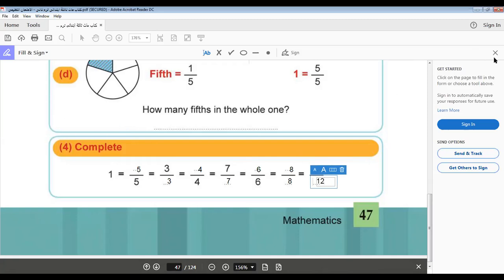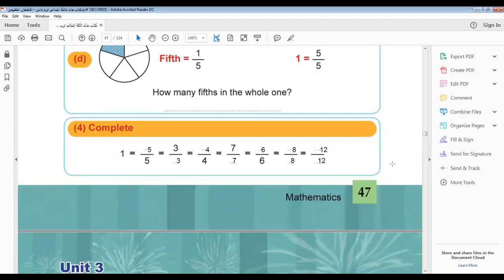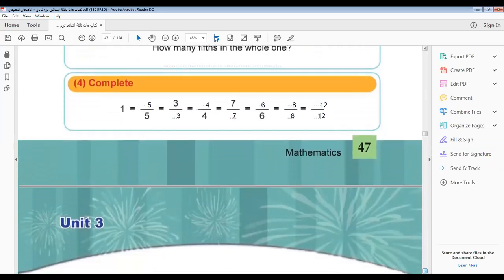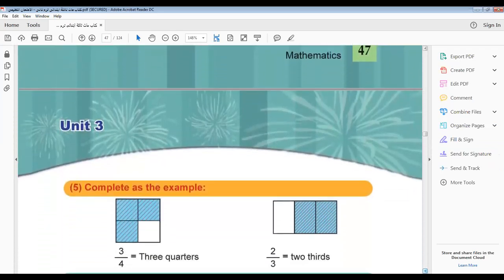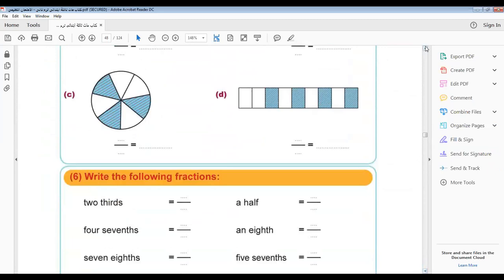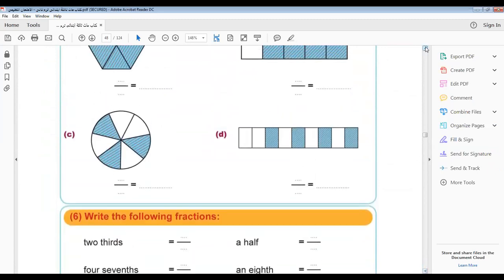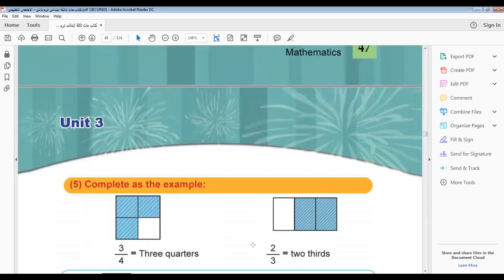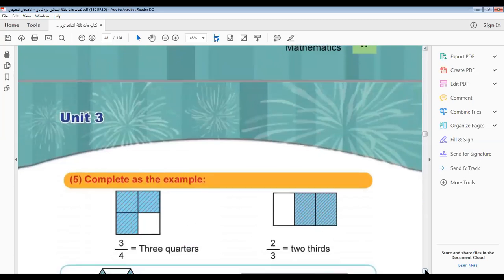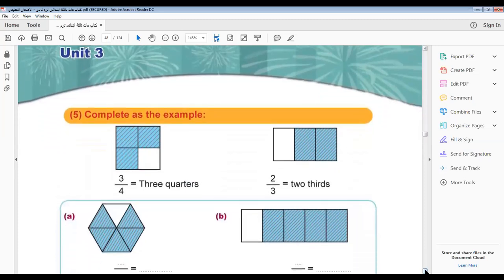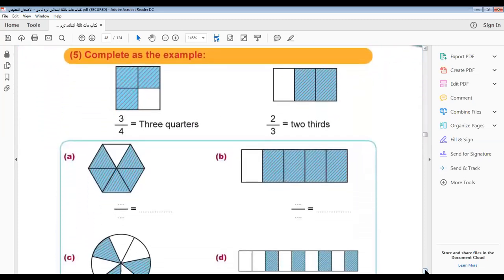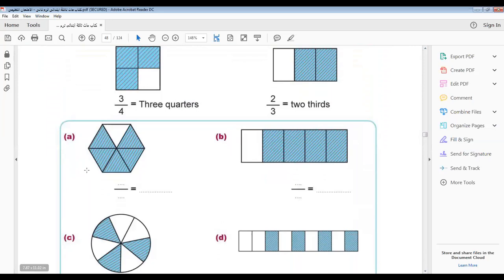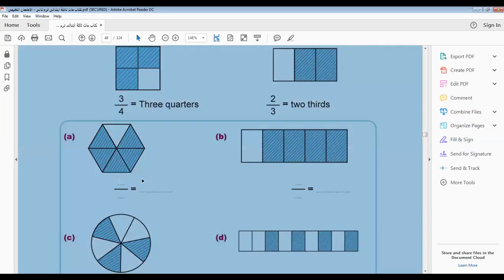Okay, so that is page 47. Page 48, question number 5. You have here 3 quarters. So he wrote the fraction in numbers and in letters, and we do it just like he did.